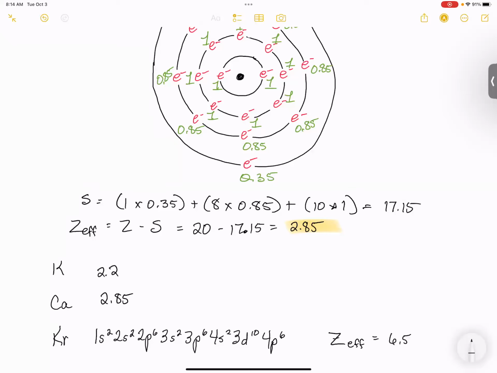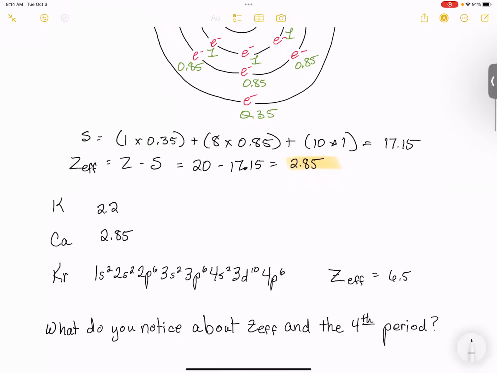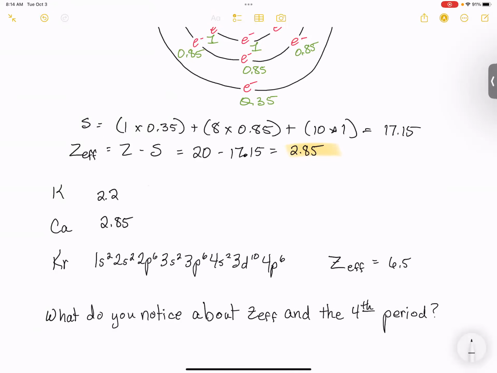Questions about doing the Z effective? So the elements that I just gave you were potassium element number 19, calcium element number 20, and krypton element number 36, all found within the fourth period. What do you notice about their Z effective?